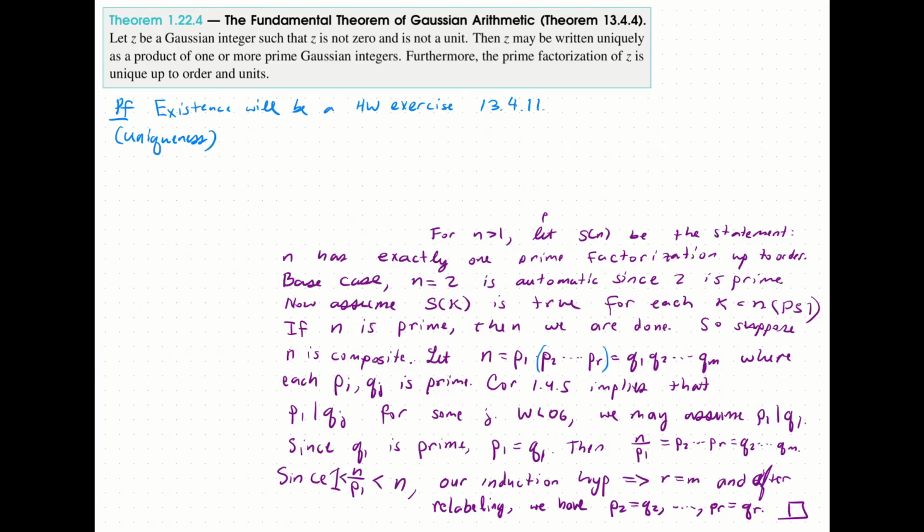So now we have the proof here. We want to modify this so that we can apply strong induction. So now we're assuming existence. Let me just go ahead and write this down.